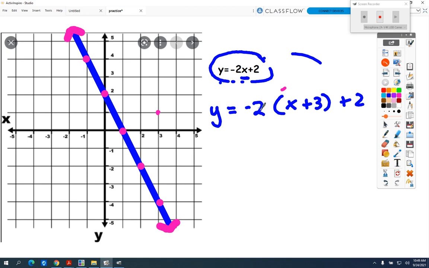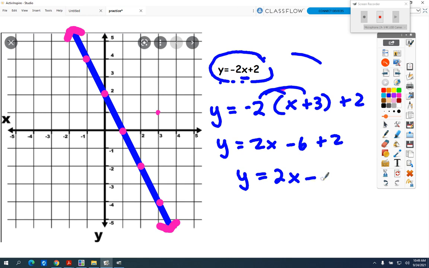So in order to find the new equation, you would distribute, combine like terms, and you would automatically have your new equation, which would be negative 2x minus 4.